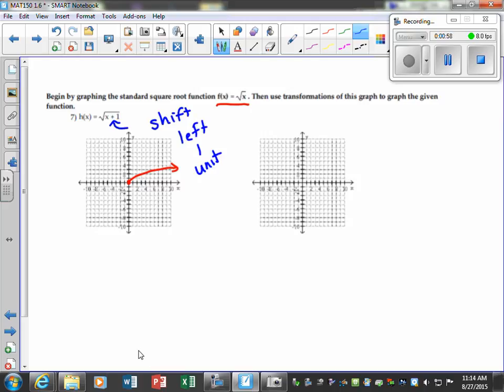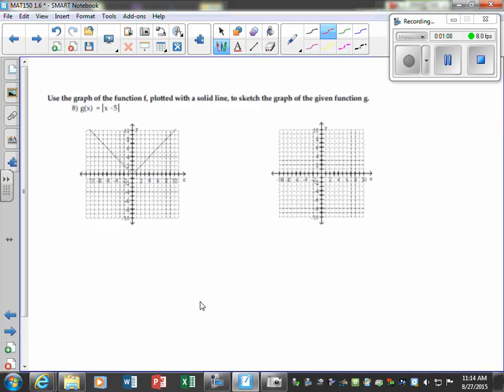So we want to take our f of x, go to the left one, and sketch. Moving on, now we have our absolute value. Absolute value is our v function, but this time they gave us f of x in a somewhat of a picture, and then they tell us absolute value of x minus 5.